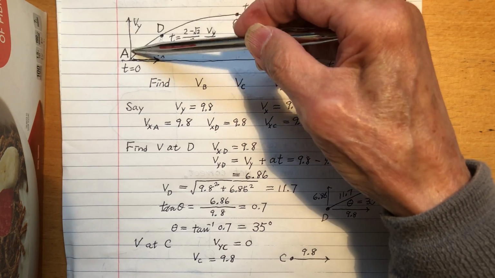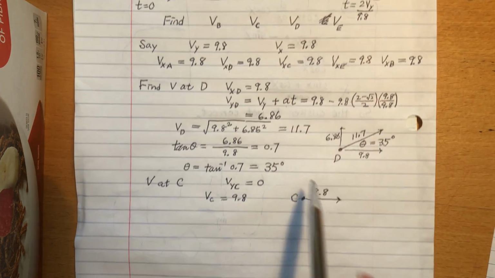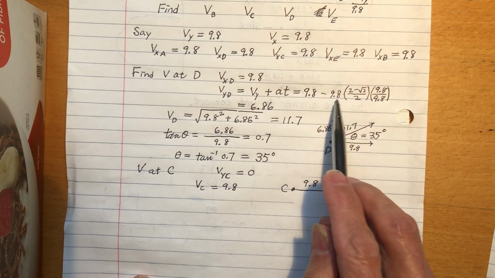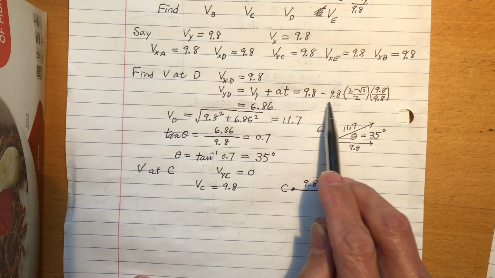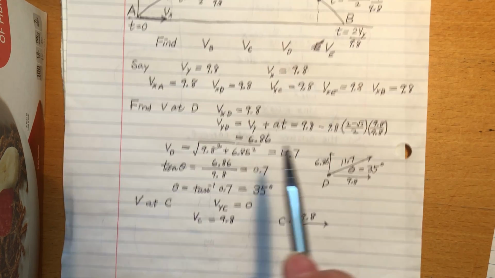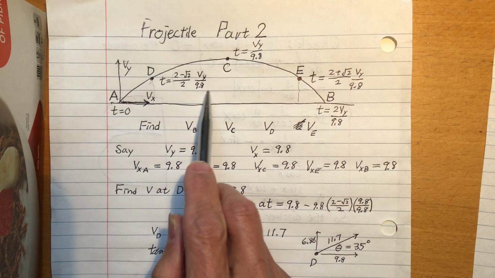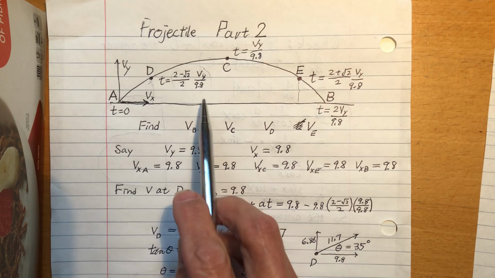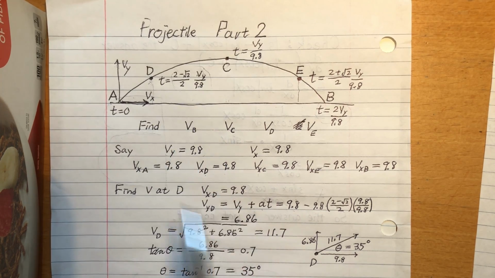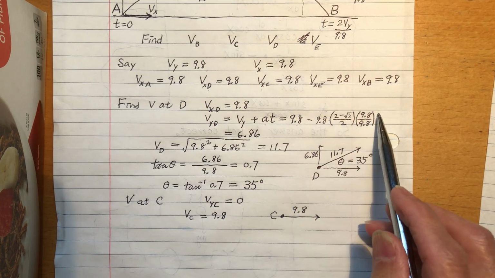This is my initial velocity. And at point D, initial y velocity minus at. A is down 9.8. The time is this. The time is this. But I already gave Vy the value 9.8, so I have this.